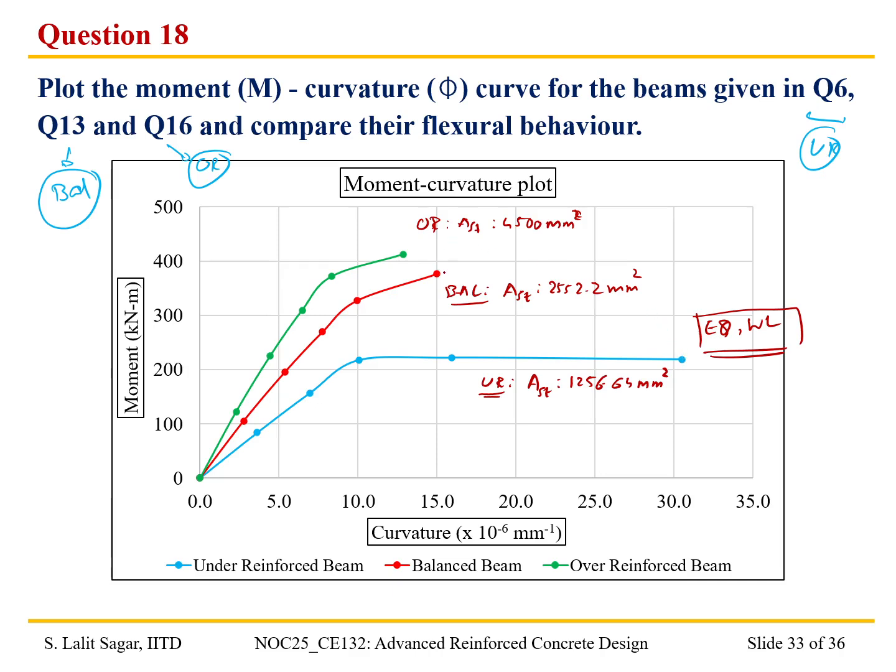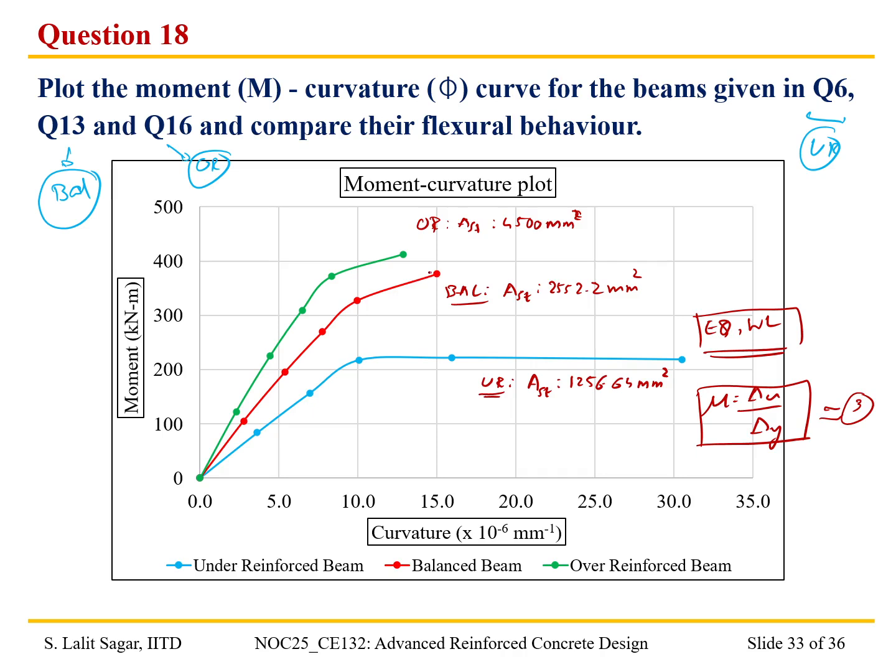On the other hand, when we look at the ductility, by the way, ductility can be given by mu, that is delta ultimate by delta y, right? So ductility is almost close to 3.